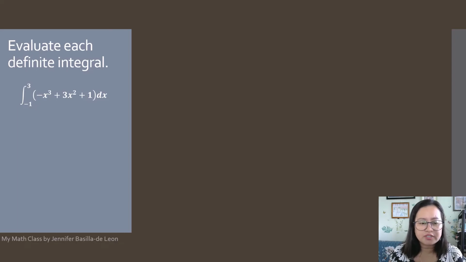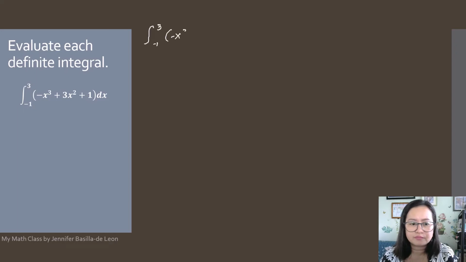We are asked to find the definite integral of negative x cubed plus 3x squared plus 1 at the closed interval from negative 1 up to 3. So applying the fundamental theorem of calculus, we need to get the antiderivative of the given function first.